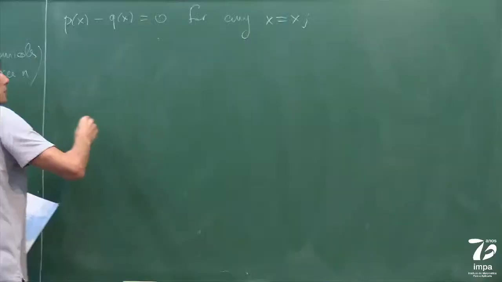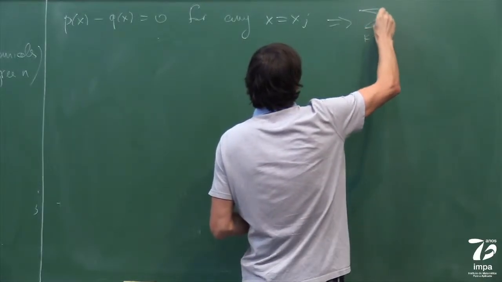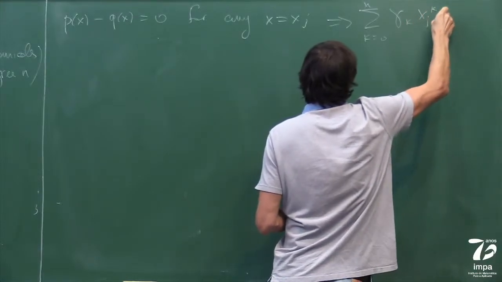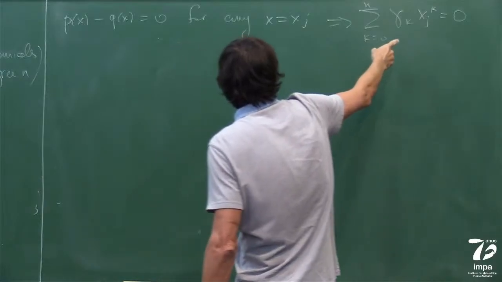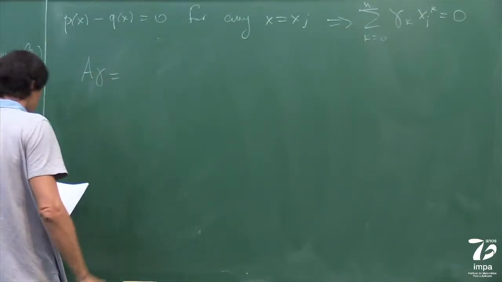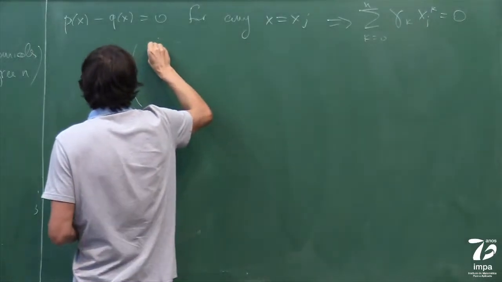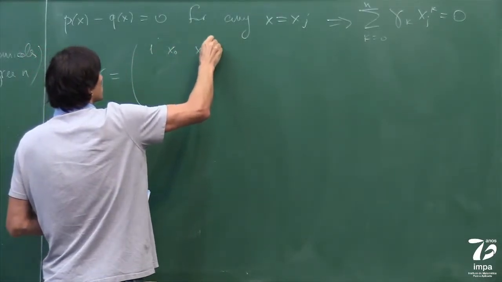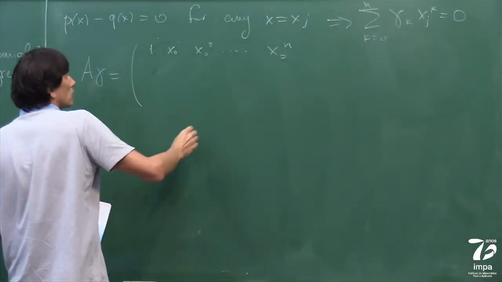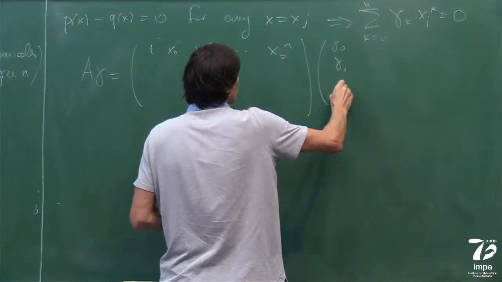So it means that the sum of gamma k xj to the k is 0. And we have n plus 1 equations, which can be written in a matrix form. It will be coefficients given by 1, x0, x0 squared, up to x0 to the n, multiplied by gamma 0, gamma 1, up to gamma n.